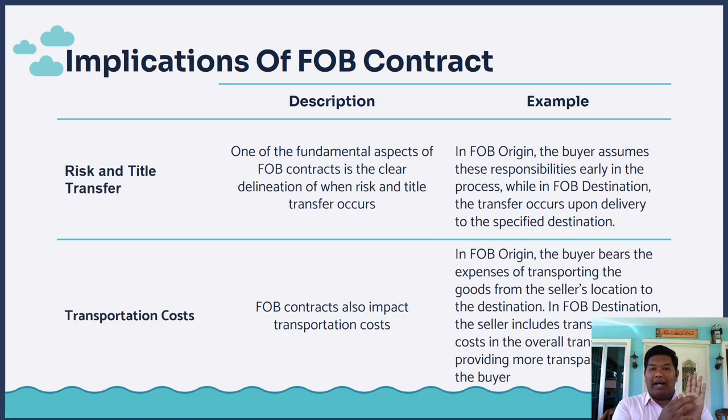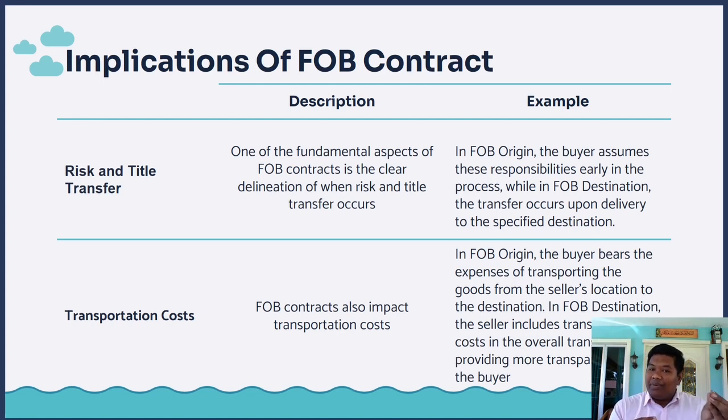Alright. And then the insurance in a CIF contract requires the seller to obtain insurance coverage for the goods during transit. So basically, in a CIF contract, the seller is held responsible for the insurance of the goods until the goods reach the destination point.